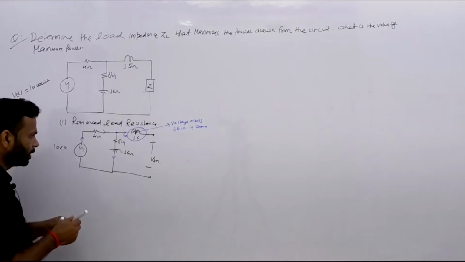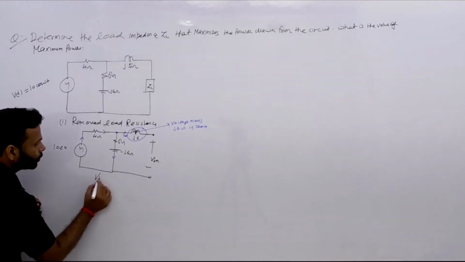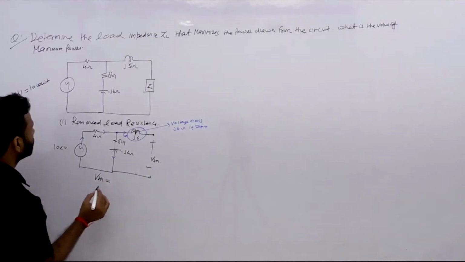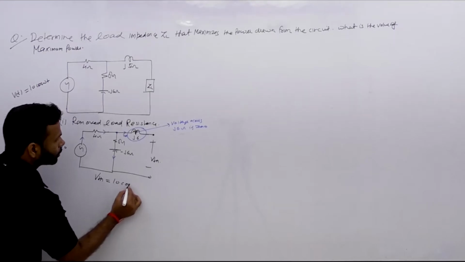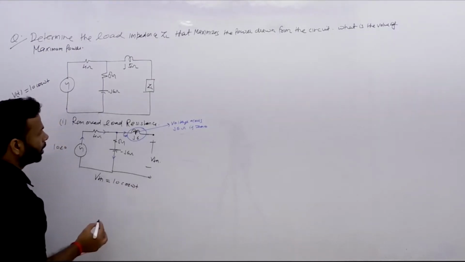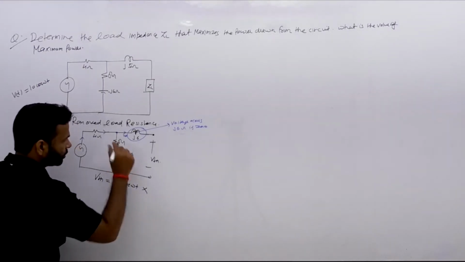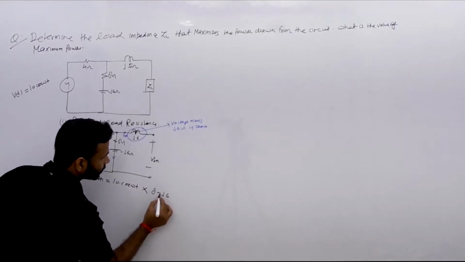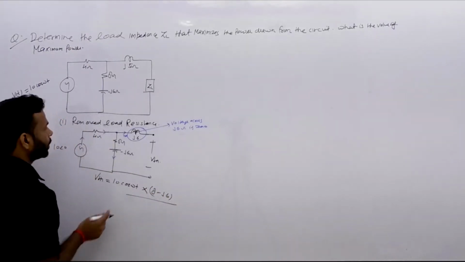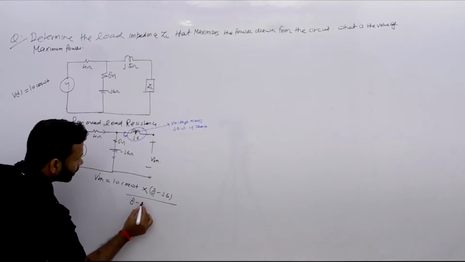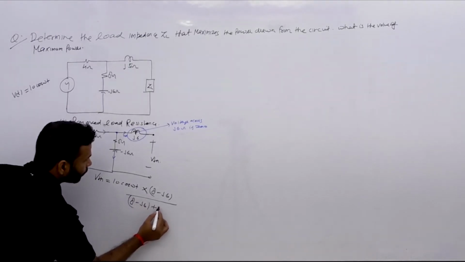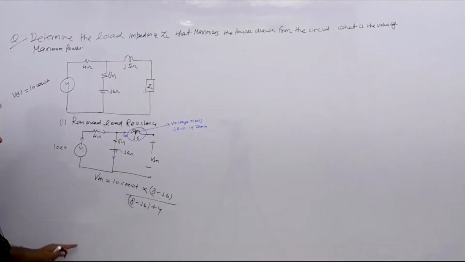So I will just apply the voltage division rule. VTH equals 10 cos omega t multiplied by 8 minus j6, which is in series, upon the total, that is 8 minus j6 plus the 4. So this is your VTH value.